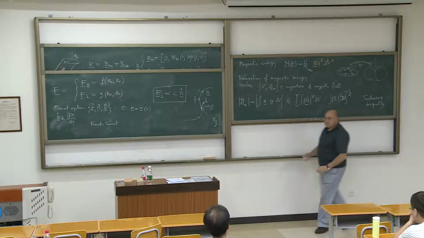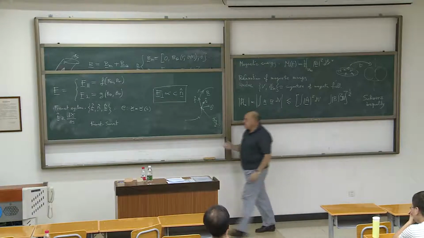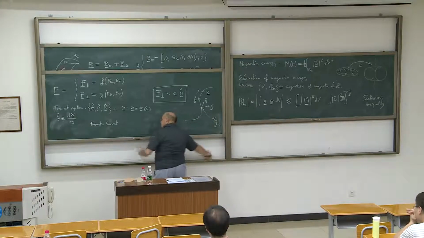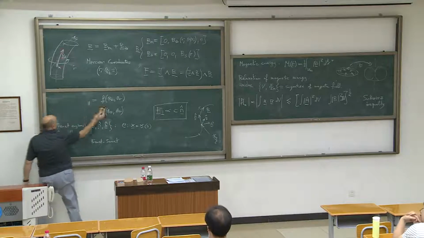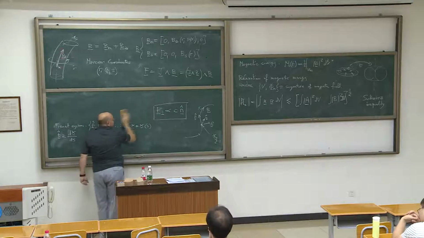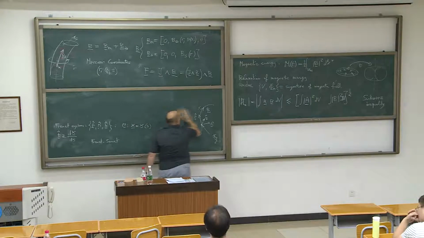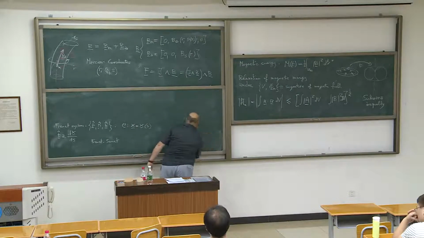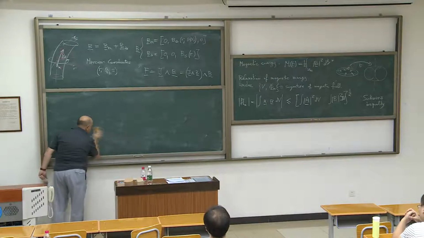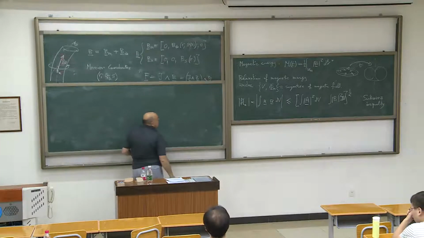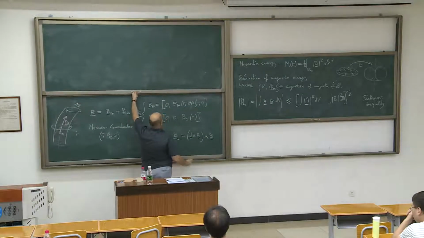So the situation is now to prove that the relaxation of the magnetic field gives you energy that is always going down. And this is certainly a piece of work of Keith Moffatt of 1985, I think.